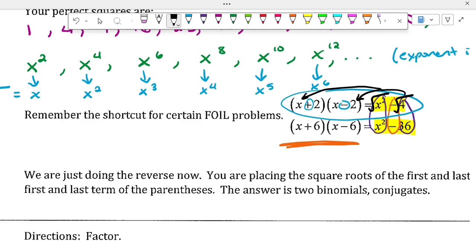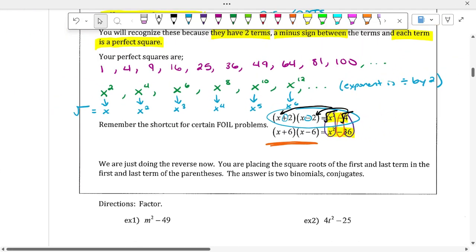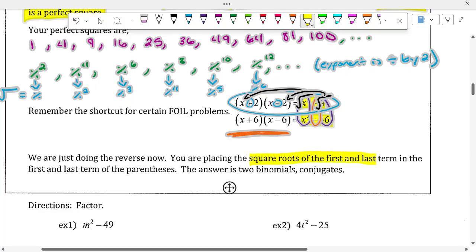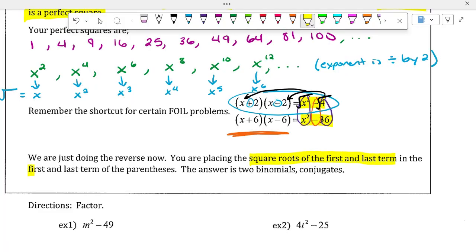Essentially, what you do is you place the square roots of the first and last term as the first and last term in the parentheses. And then you separate them, one with a plus and the other with a minus.